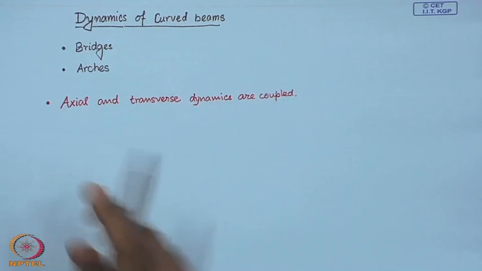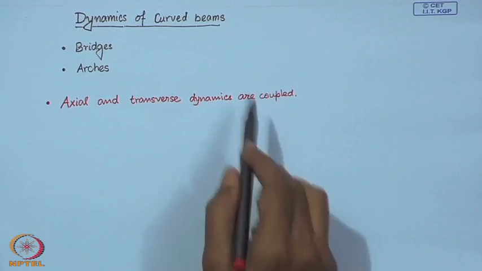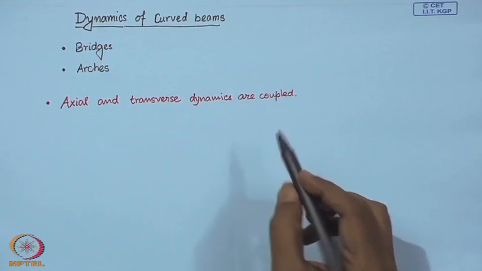So, they are coupled because of this curvature of the structure of the beam.